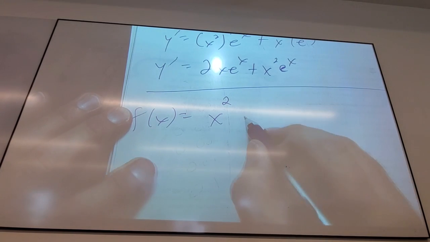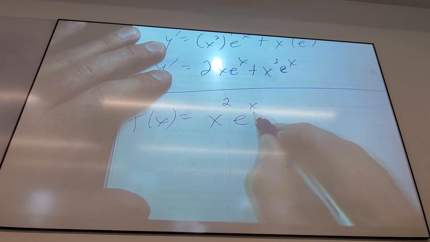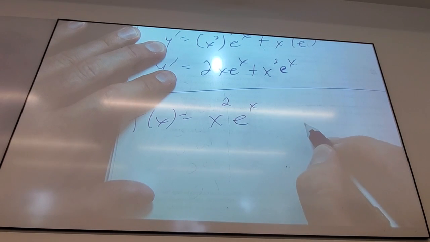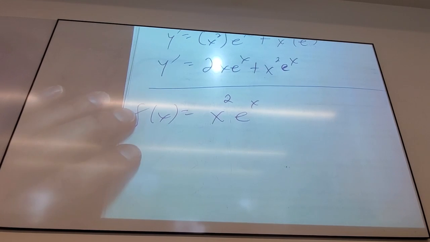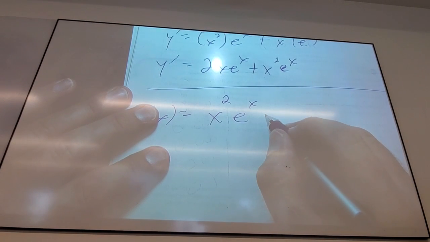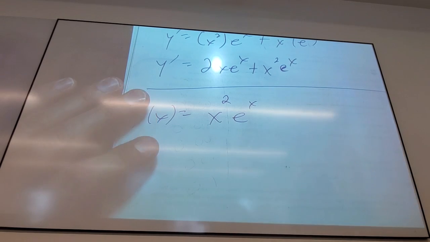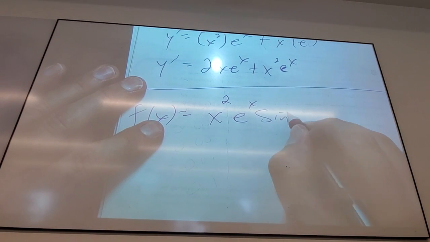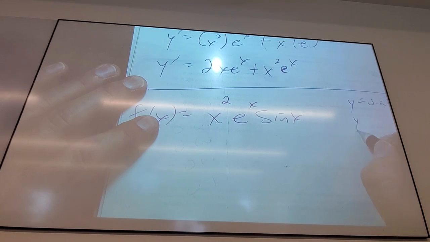So I was gonna do this, and then I was gonna have one more function here. I was gonna put sine here, but we don't know the derivative of sine yet. Yes, we do. Oh, we did last time. Who remembers the derivative of sine? Cosine. Good, I like it. Thank you, sir.